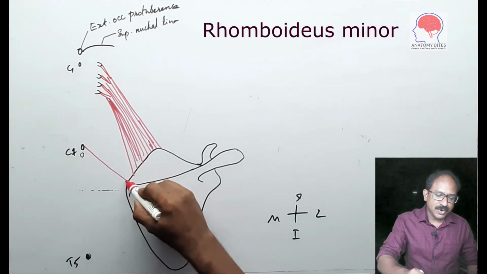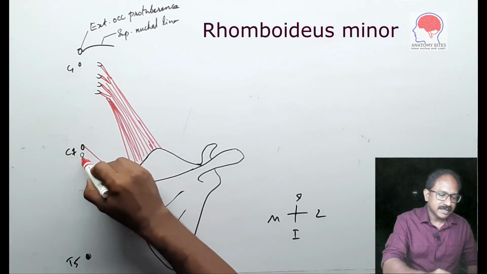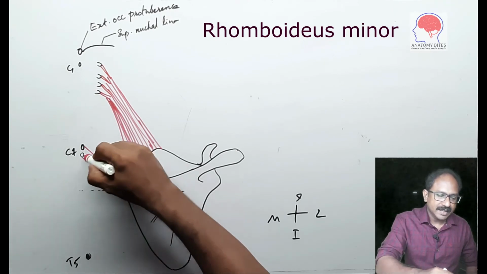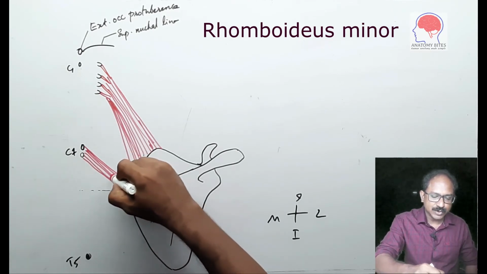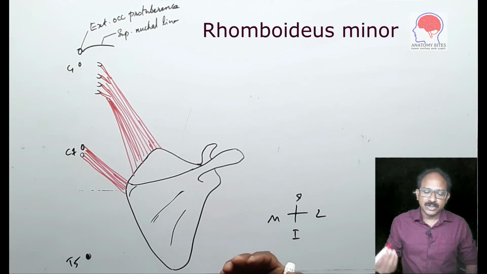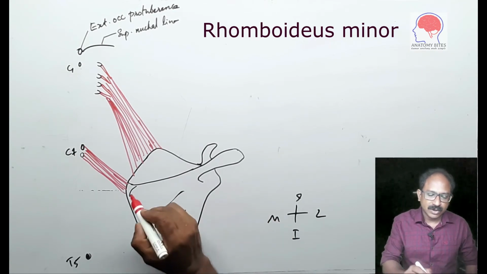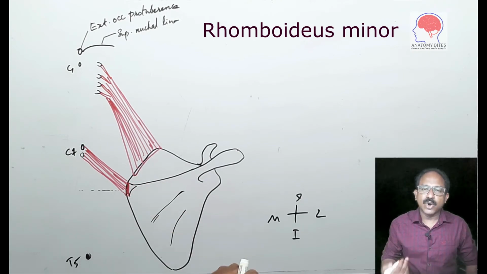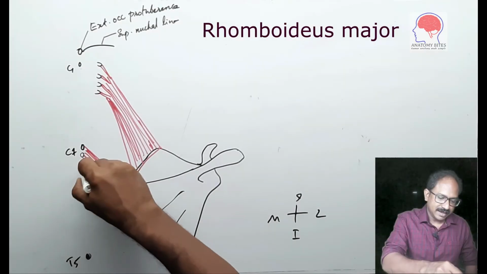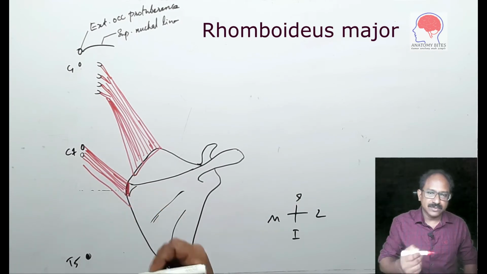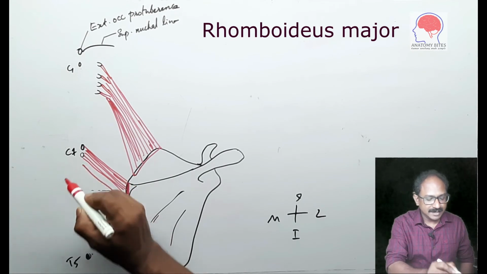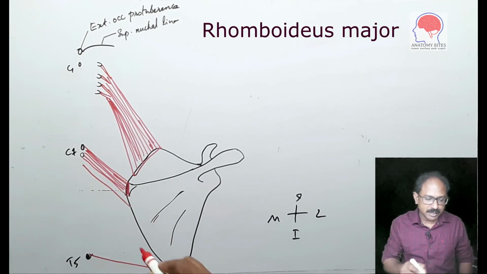A small quadrangular muscle arising from C7 and T1 spines runs downwards and laterally and is inserted to the region of the medial border close to the root of spine. This muscle is named rhomboides minor. And another flat rhomboid shaped muscle arises from the second thoracic vertebral spine to the fifth thoracic vertebral spine.